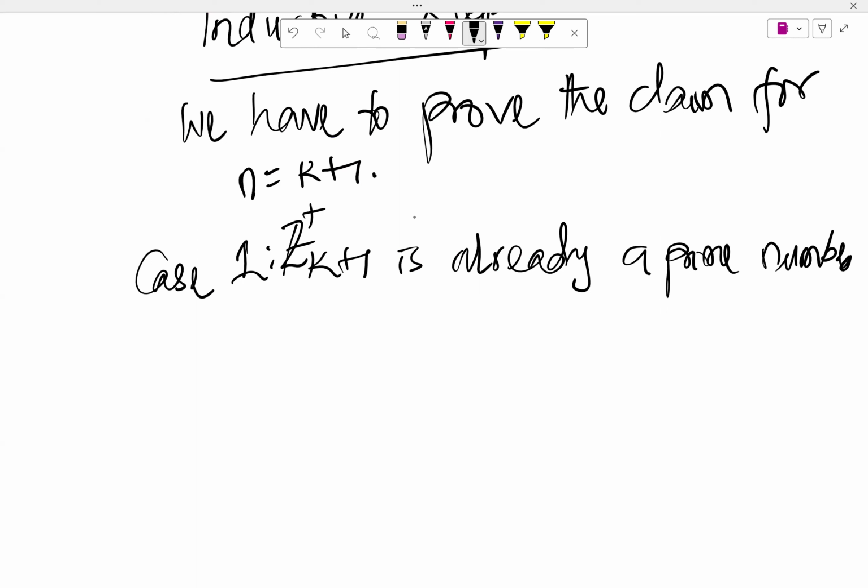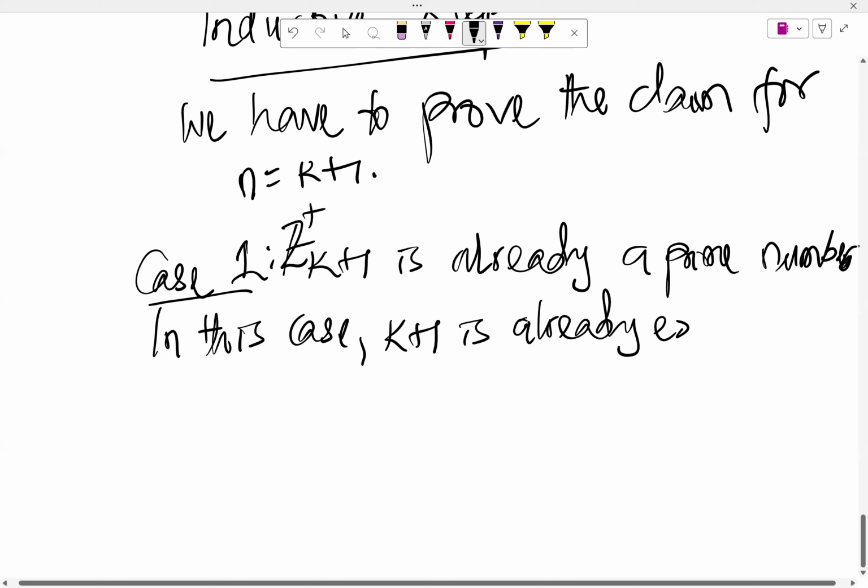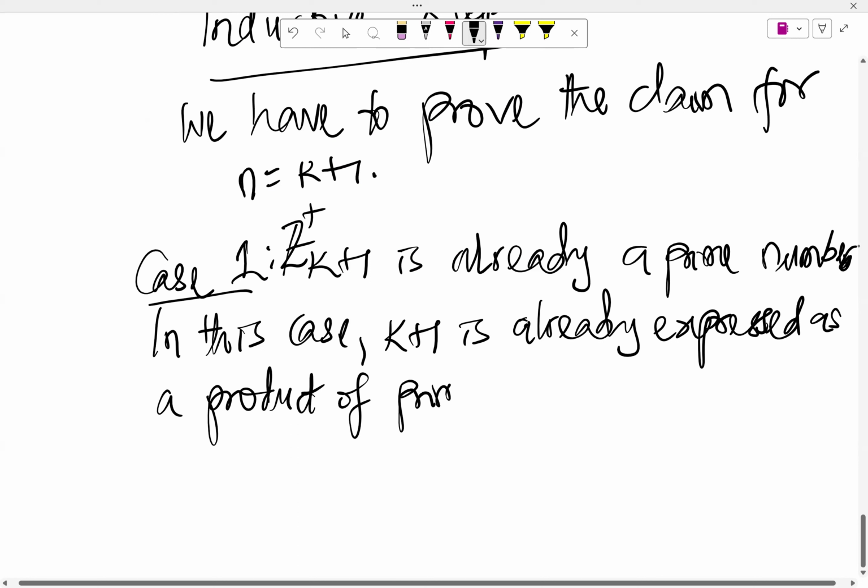So in this case, k plus 1 is already expressed, I mean, allow me to use already twice, is already expressed as a product of prime numbers, which is simply itself.